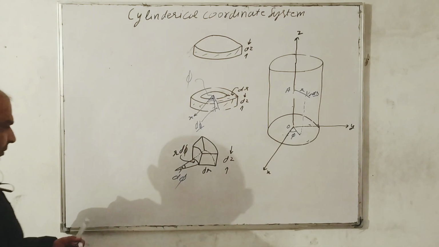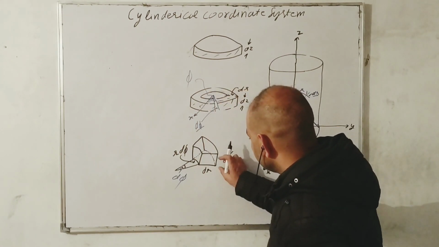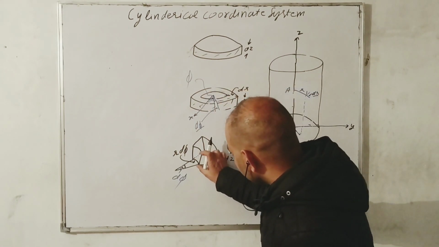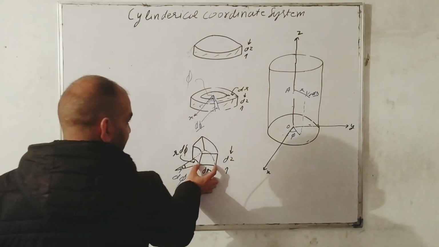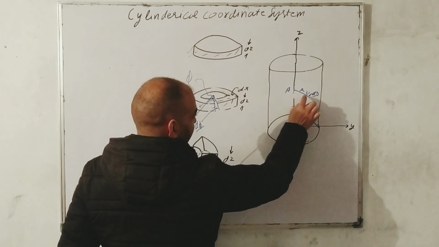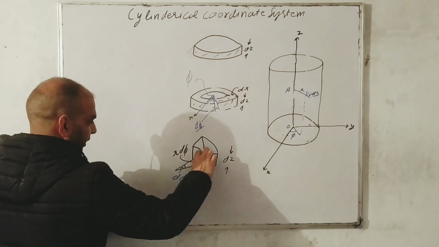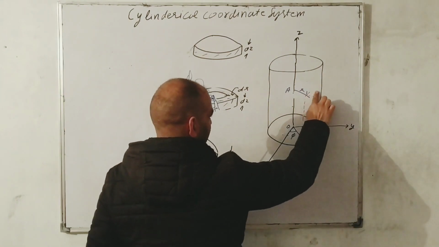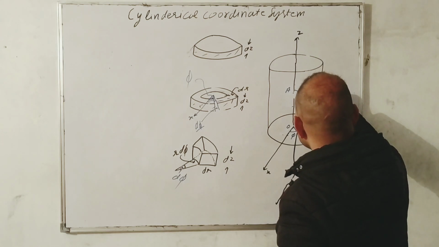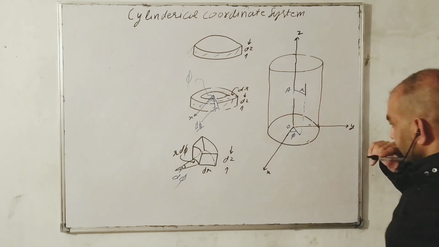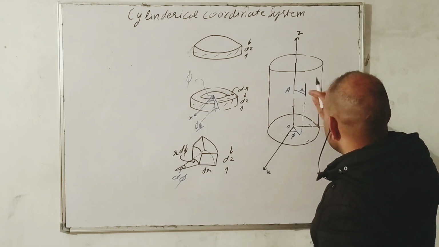First we make a small increase along the z direction. Then we make a small change along the r direction. I will draw it a little larger. This was a small change, but I am drawing it bigger. So this is dz.